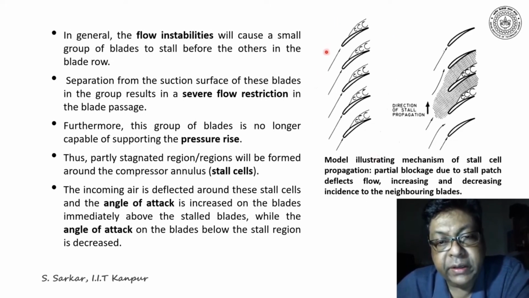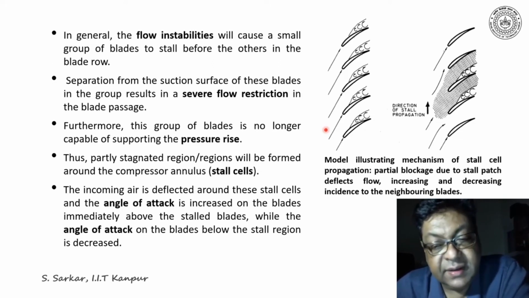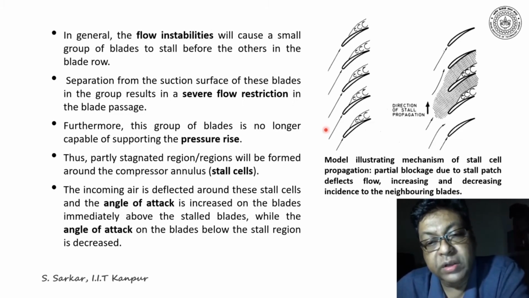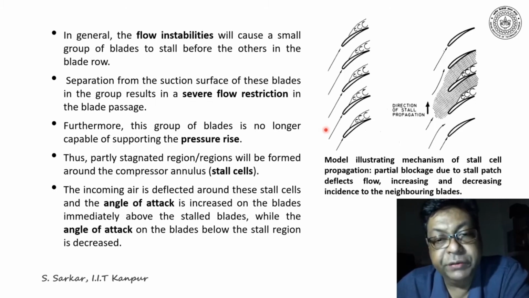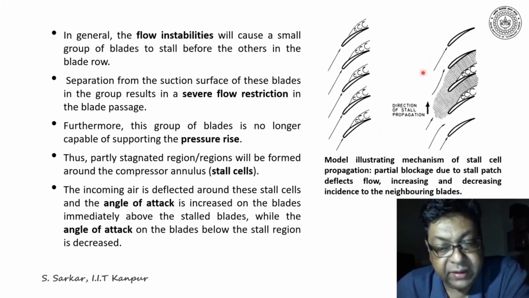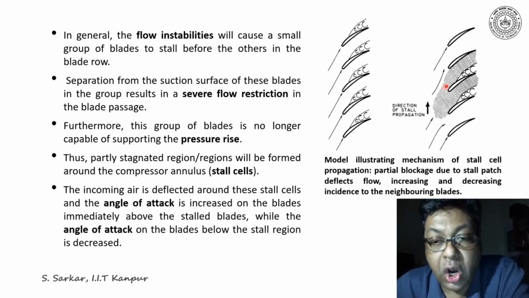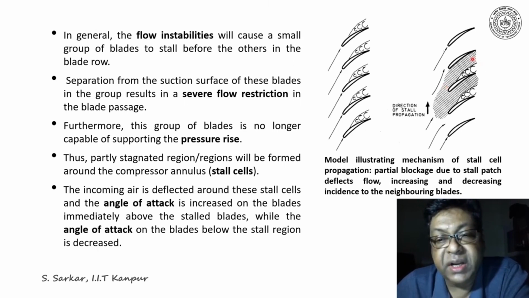Here I have indicated the flow past a cascade, a series of blades, where it has been observed that after a certain angle of attack, all blades will stall uniformly, developing separated flow on the suction surface. However, this uniform stalling has not been observed in rotating blades in compressors, where a group of blades stall, causing a partial flow restriction.